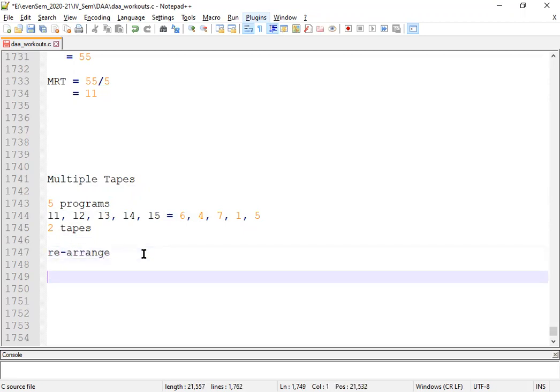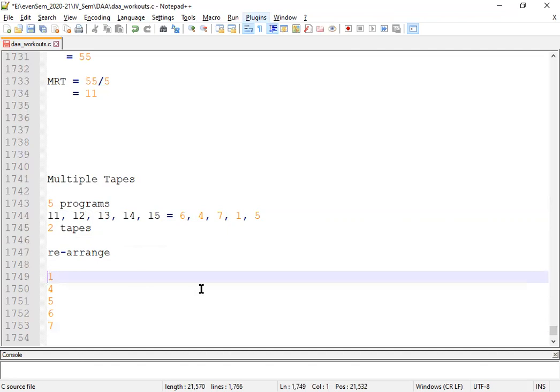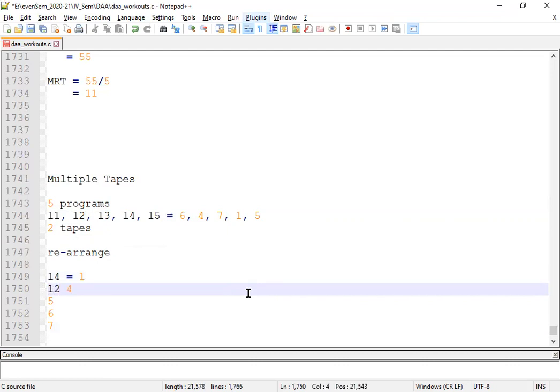After rearranging, we have 1, then 4, 5, 6, and 7. So 1 is L4, then 4 is L2, then 5 is L5, then 6 is L1, and then 7 is L3.